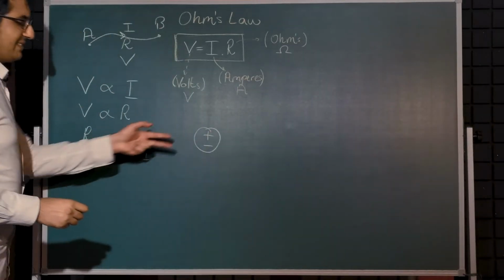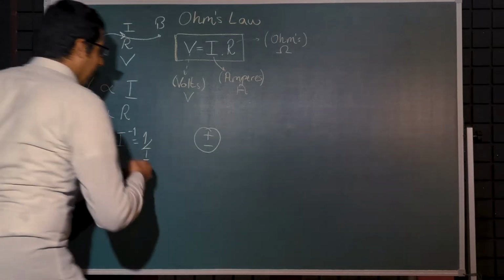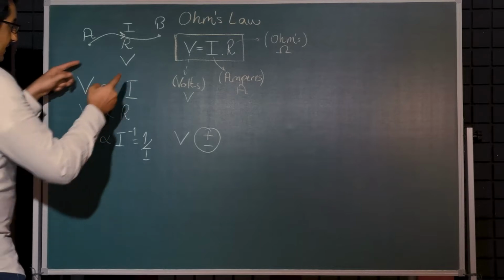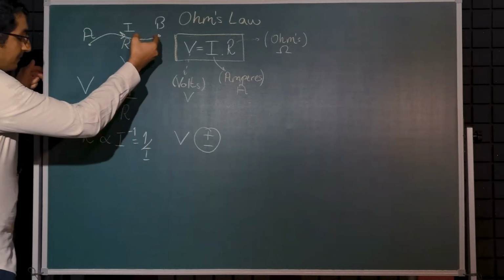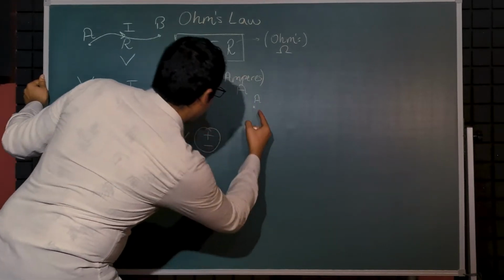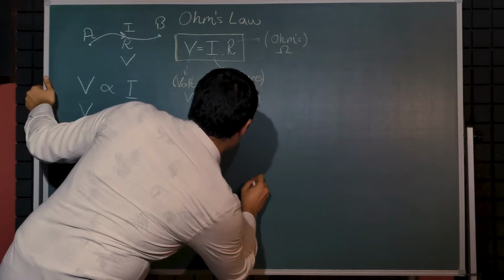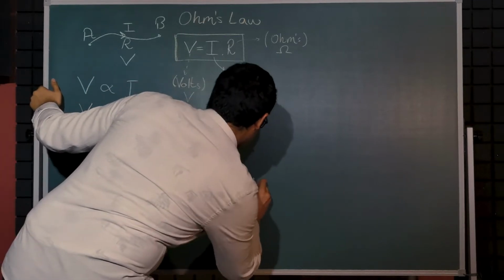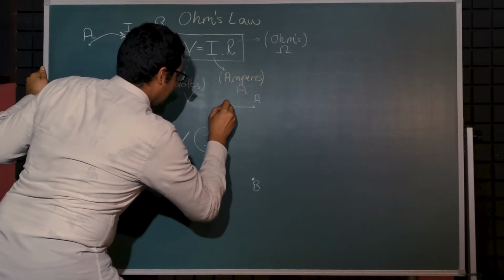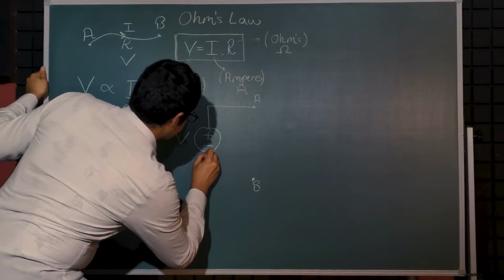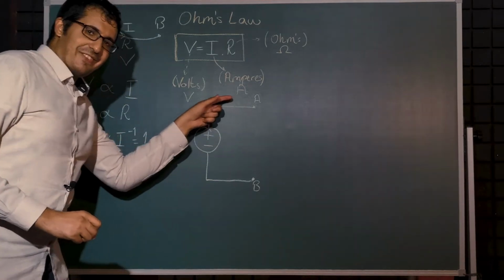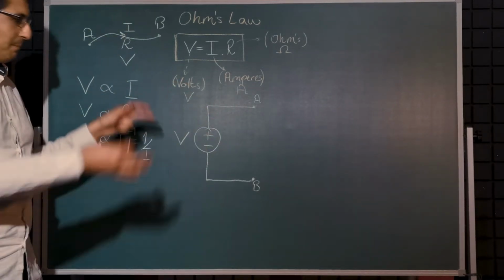You can imagine that this is a battery that provides a constant voltage V. This is across A and B. If I assume this is A, and the other point is B, and connect these two, you don't have to draw this in a rectangular shape, but this is a convention that makes things easy.